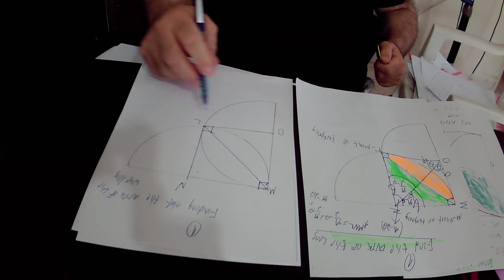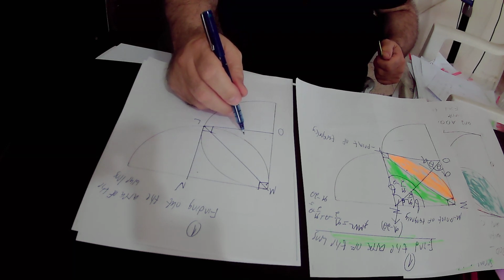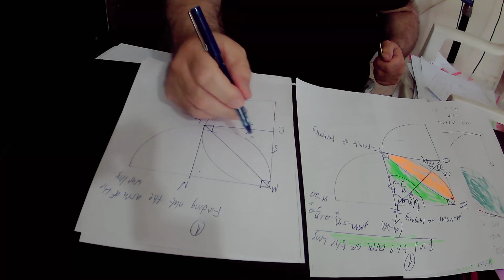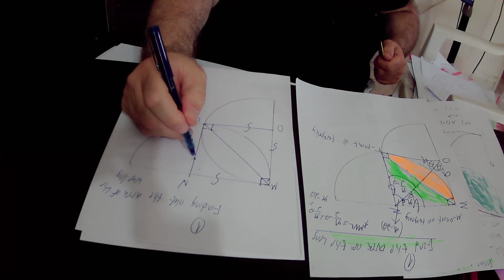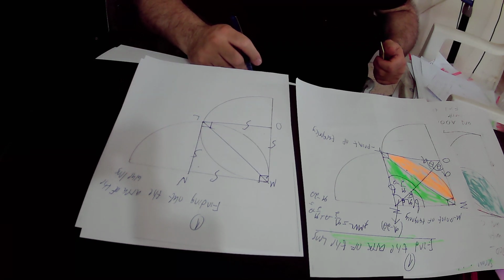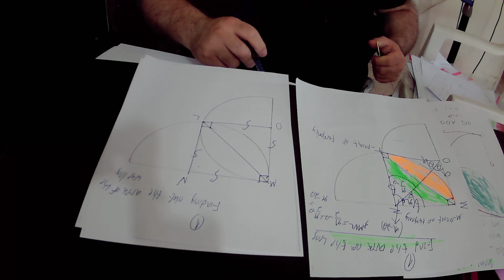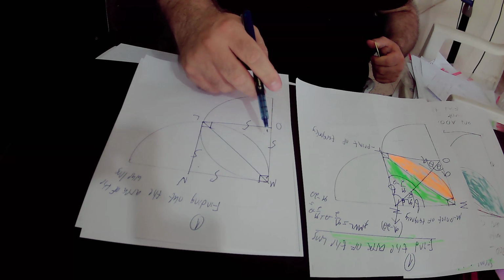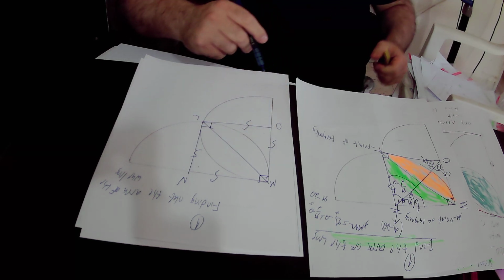I repeat again that the radius of each semicircle is equal to 5 units, so here is 5, this is equal to 5 units, and also equals to 5, and L equals to 5. So here we divided the blue lens into two parts.